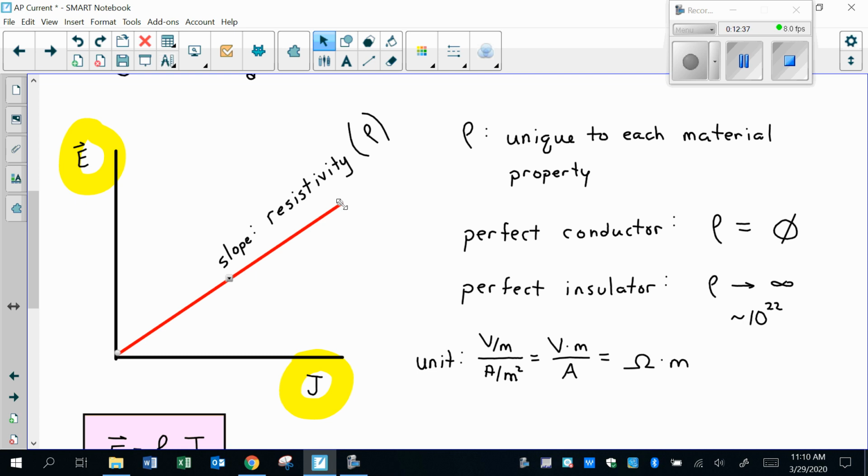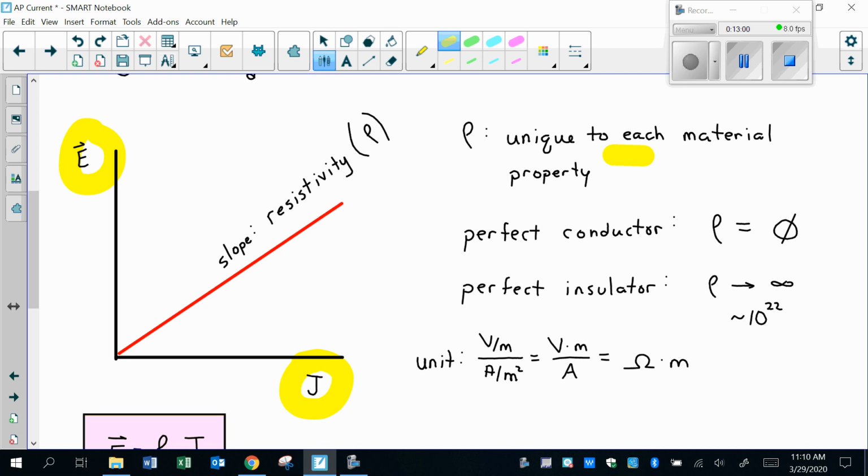This resistivity is a unique value to each individual material, and it's basically how easy, or how hard I should say, it is to go through a material. So resistivity, the bigger the number, the harder it is to go through.